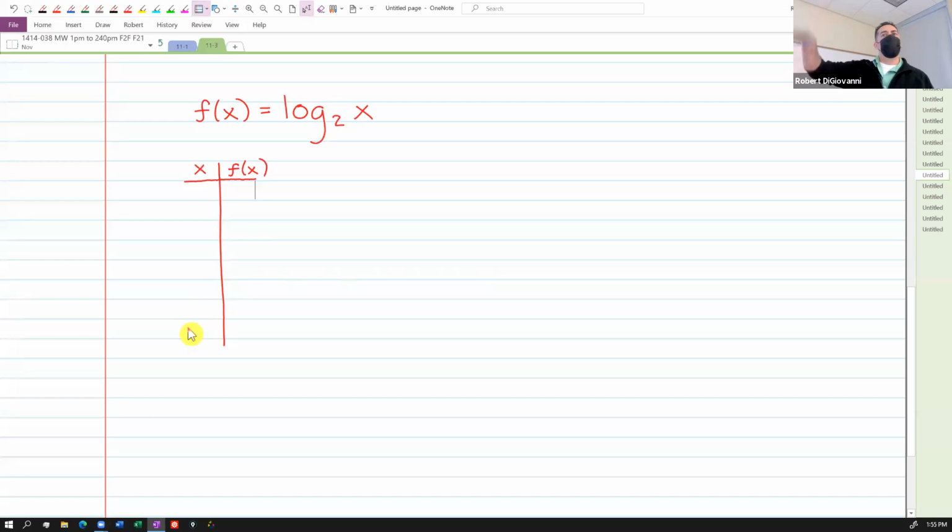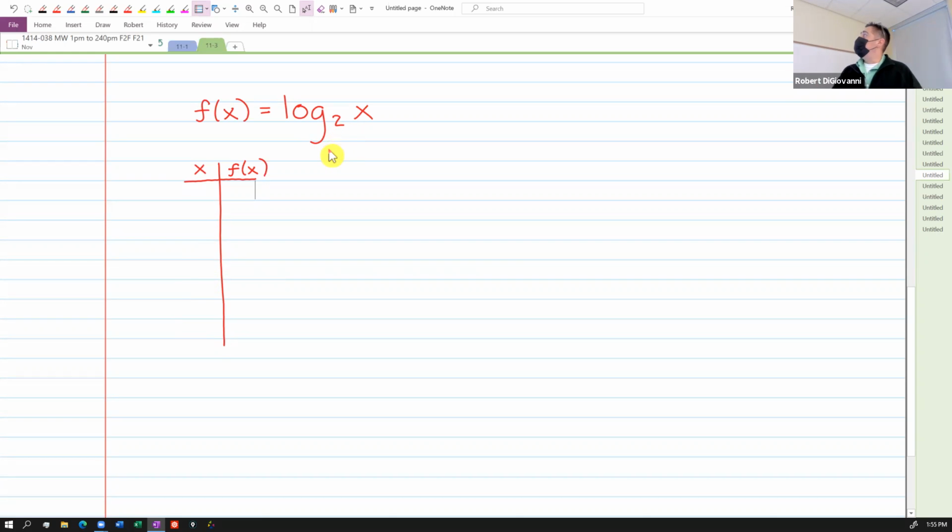And I said, everybody use those same numbers, right? For log functions, not that easy, all right? It's going to be a little bit different. What we're going to do is look at whatever this base is, and we're going to plug in things over here that are powers of this base. And I like to start with 0.